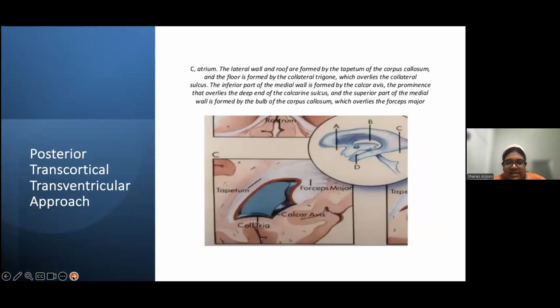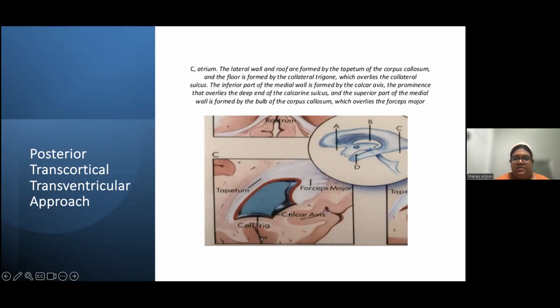So in diagram C, we could see the atrium where the lateral wall and the roof are formed by the tapetum of the corpus callosum, and the floor is formed by the collateral trigone, which overlies the collateral sulcus, and the inferior part of the medial wall is formed by the calcar avis.